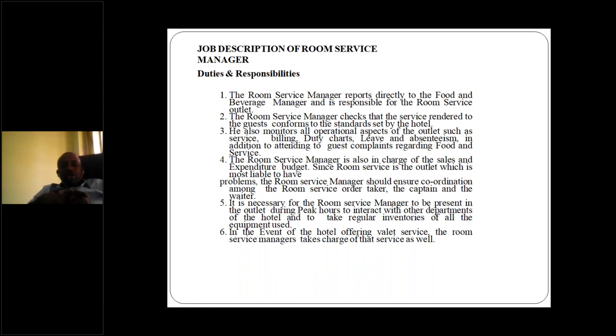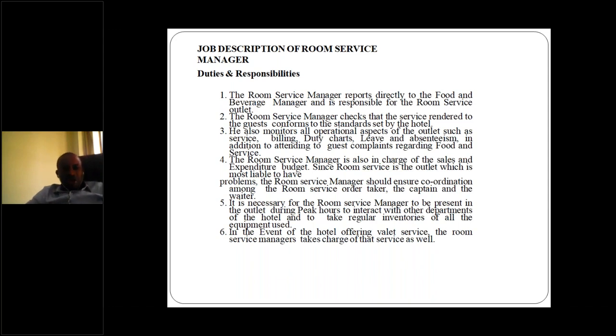So he's also in charge of what? Monitoring the operational aspects of the outlets, such as service: are we serving our clients well? The bill: are we giving the right billing? The duty charts, the leave, the absenteeism, in addition to attending to guest complaints regarding food and services. So he's responsible for this.